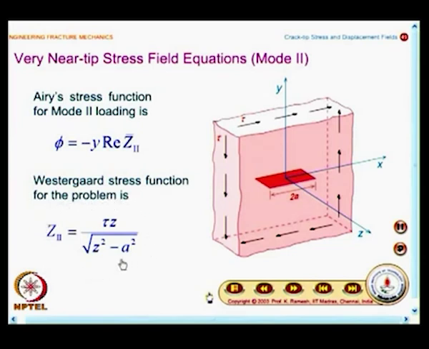What is the change here between the Westergaard stress function for mode 1 and mode 2? Only the stress is changed from sigma to tau. So, that is the advantage. So, he struck a gold mine, he was able to coin a stress function for mode 1 with slight modification.